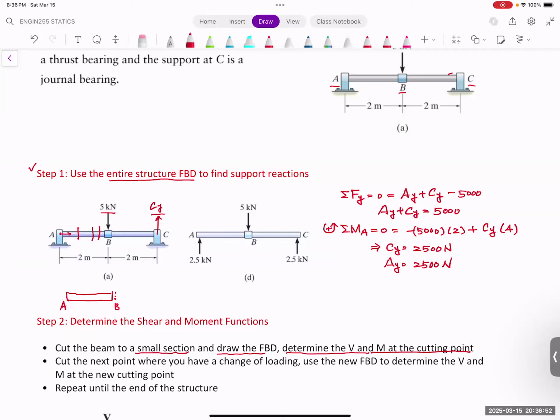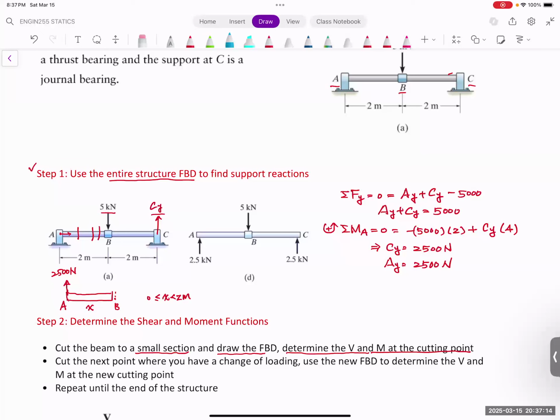I just know this is some X at here, but this X is going to be less than 2 meter. It's going to be greater or equal to 0 meter. We do have an AY here, which is 2,500 Newton.